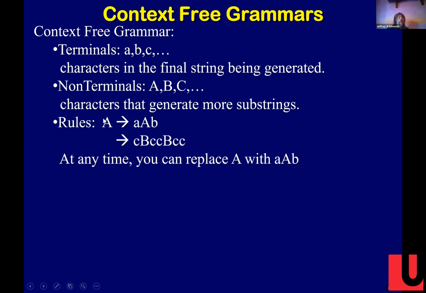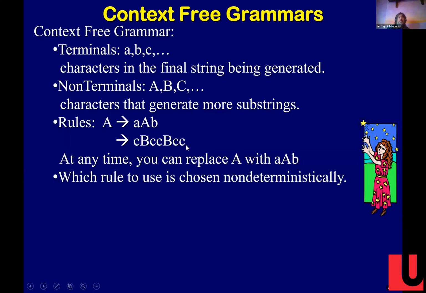And then we have rules. A rule would say, if you have a non-terminal A anywhere, then you can convert it into little a, big A, little b. Or, there's an or here, you convert it into this longer thing, right?